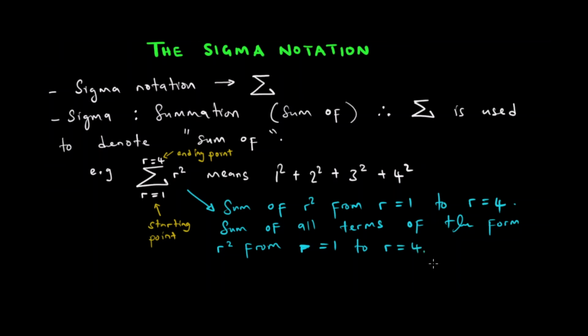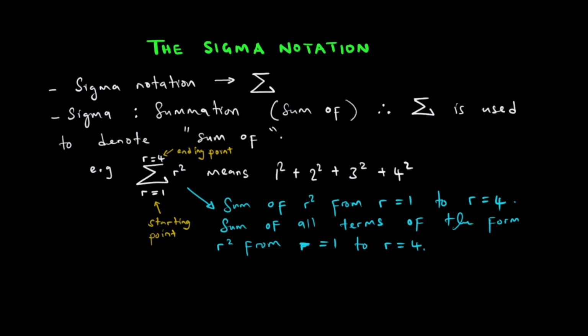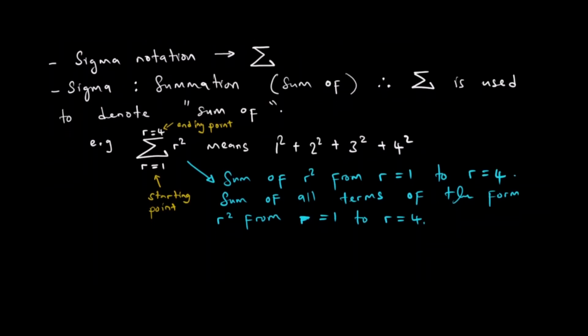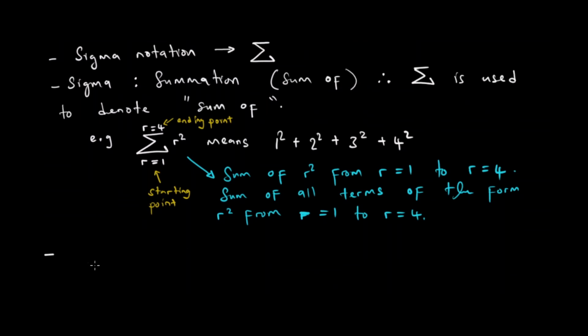If the sequence is never ending, and that is if it's stretching to infinity, it is expressed as the following. So here now, we are talking about this. It can be in this format: the sum of r squared from r is equal to 1 up to infinity.